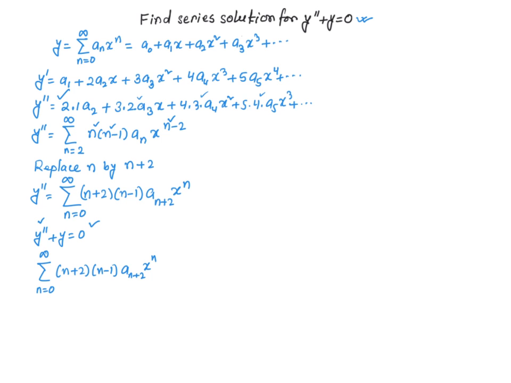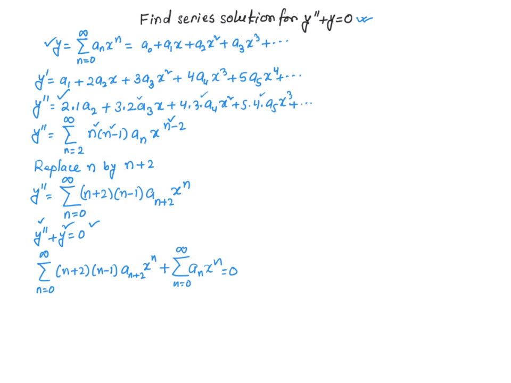That's just the first term. Then the second term, again the summation from n equals 0 to infinity of a sub n x to the power n. This is nothing but the original assumption, and all of that is equal to 0.